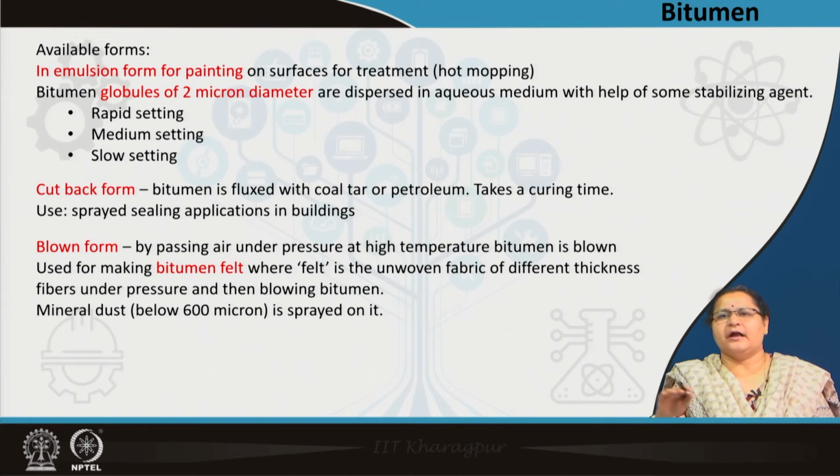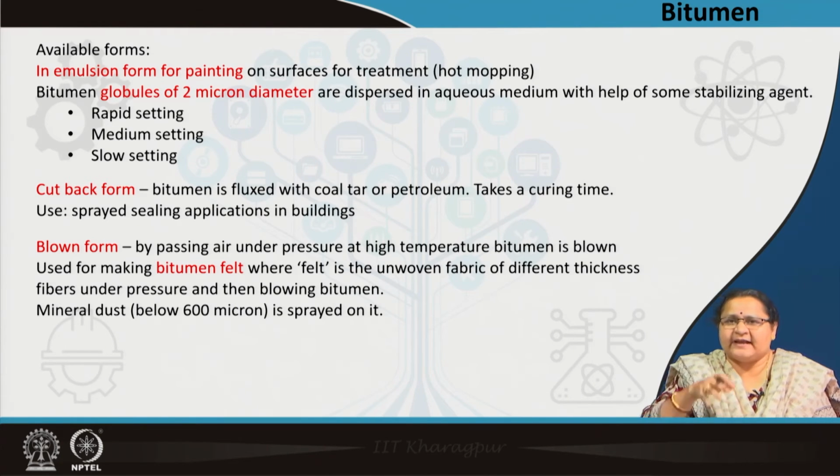You have an unwoven felt or a fabric onto which, under high pressure, liquid bitumen is blown. So, that passes into all the gaps of the unwoven fiber which is the felt, and which is available in different thicknesses.